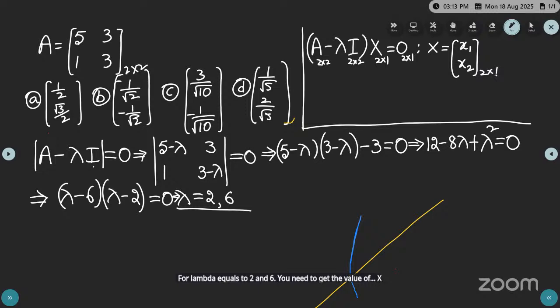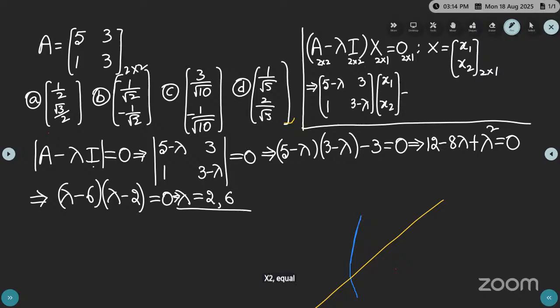How will you get that? Amma, if you write these equations: 5 minus lambda, 3, 1, 3 minus lambda into x1, x2 equal to 0, 0.